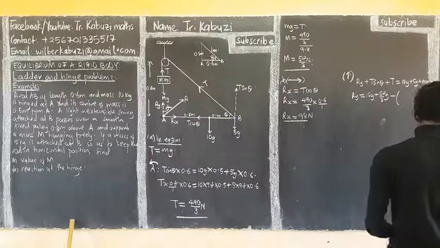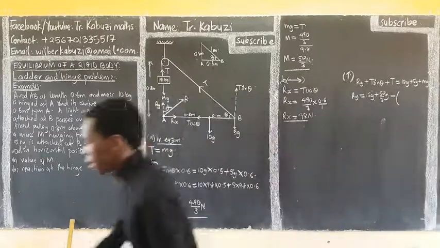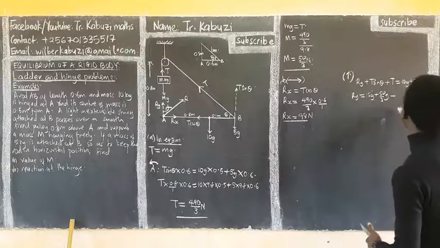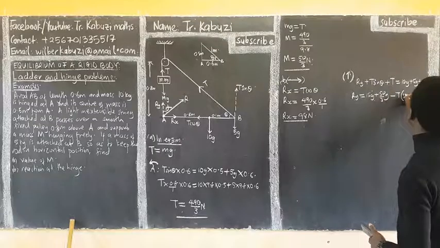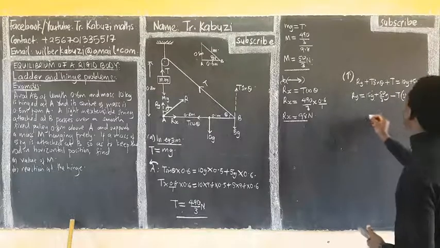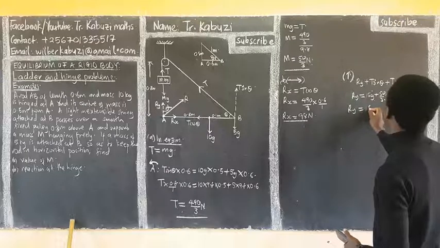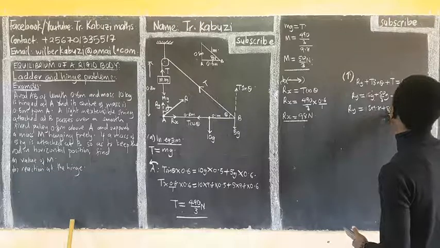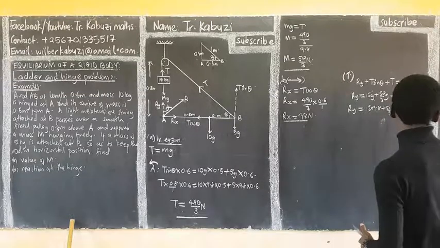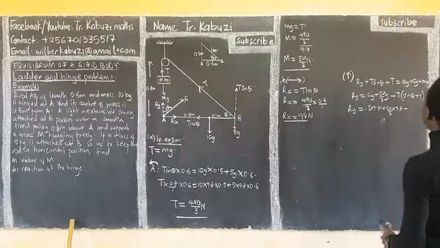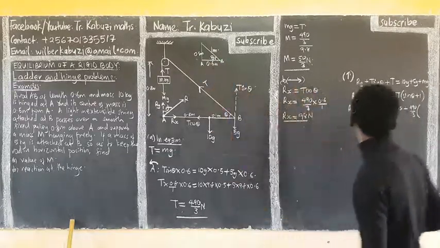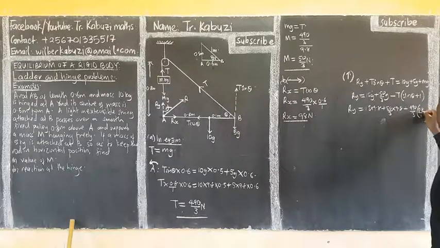From here our T is common, so I factorize out T. I'll be adding now sine theta plus 1. So my Ry is going to be 10 times 9.8 plus 50 over 3 times 9.8, then minus my T, which is 490 over 3, into sine theta, you see it's opposite, 0.8 over 1, plus 1.